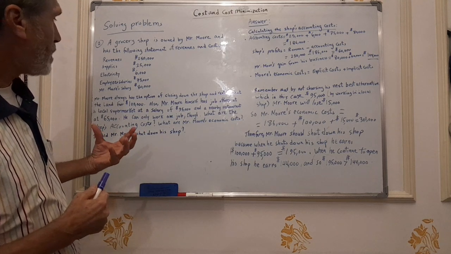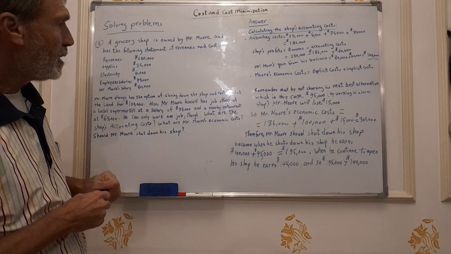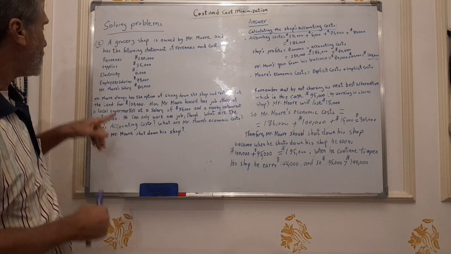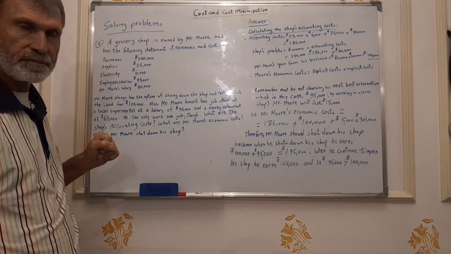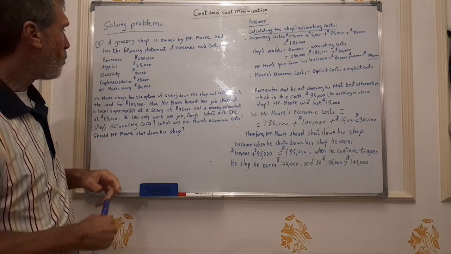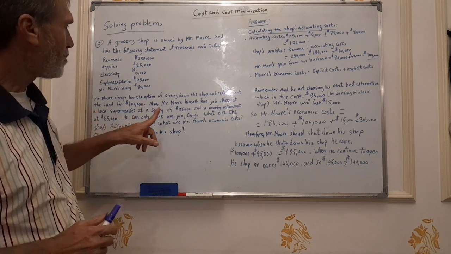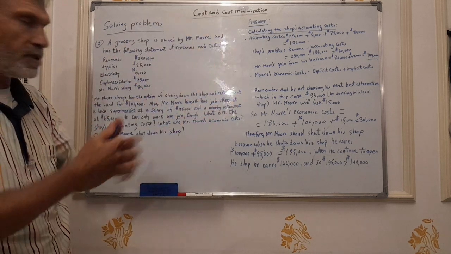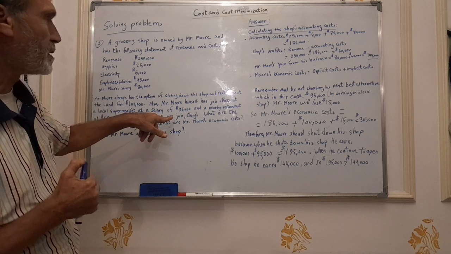Now, of course, what are the opportunity costs? What are the implicit costs? If, for instance, Mr. Moore closed out his shop, then what would he end up getting? Of course, he would get the $100,000 from closing up and selling.